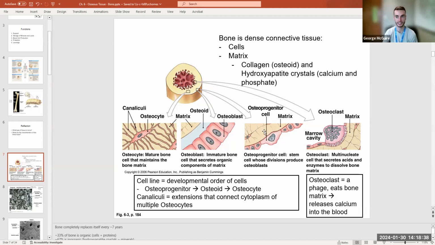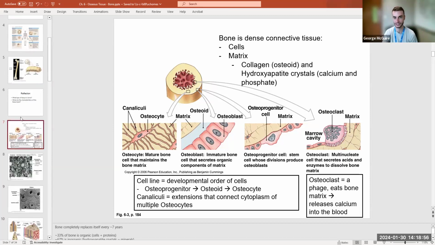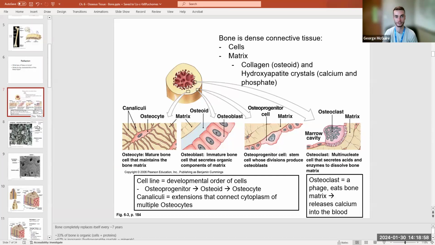And so through this process of creating new matrix and then constantly recycling that matrix with osteoclasts, your entire skeletal system will essentially replace itself about every 7 years. So a bit slower, takes a bit longer than what we were looking at with our integumentary system, but it is constantly recycling itself and regenerating itself.